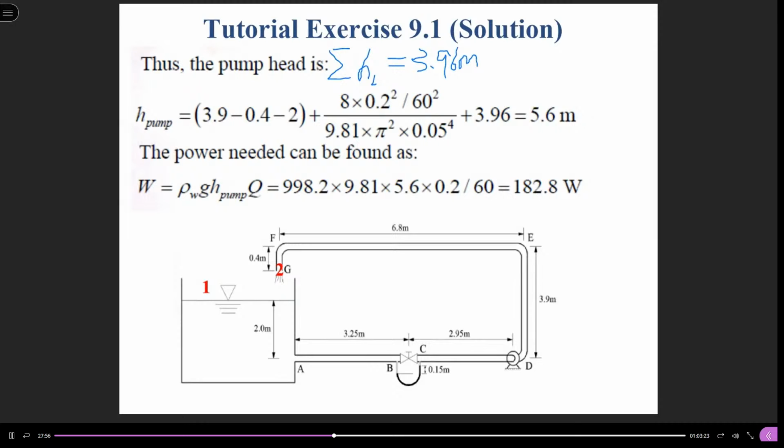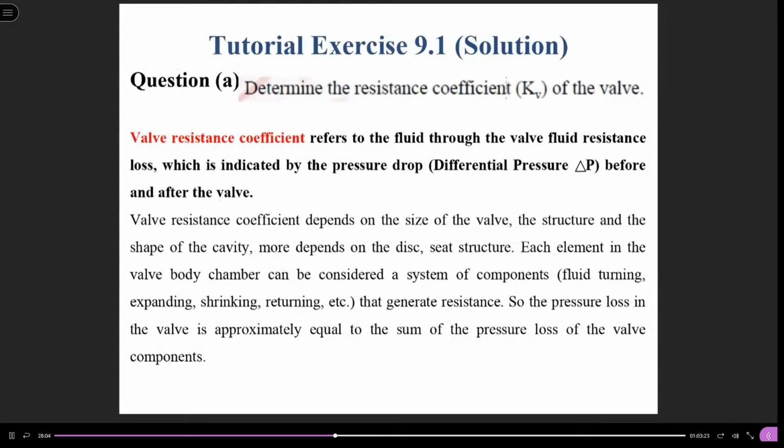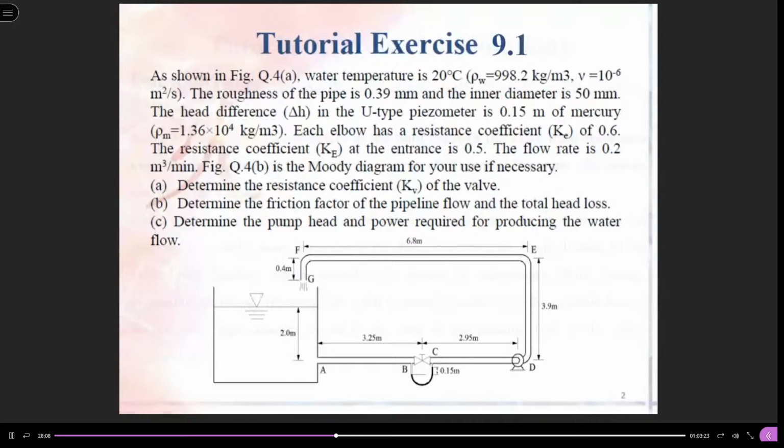And we also knew that flow rate is 0.2 cubic meter per minute, and the height of each part is also shown in this figure.